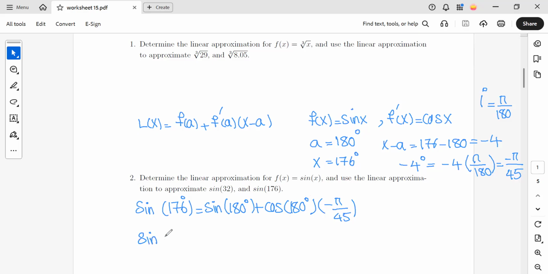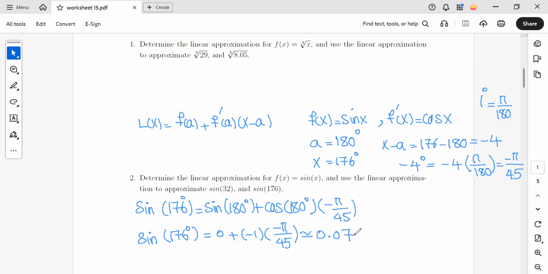So sine of 176 degrees is sine of 180, which is 0, plus cosine of 180, which is negative 1, times negative pi over 45. Again, using the calculator, we're going to find the answer as 0.07, which makes sense.